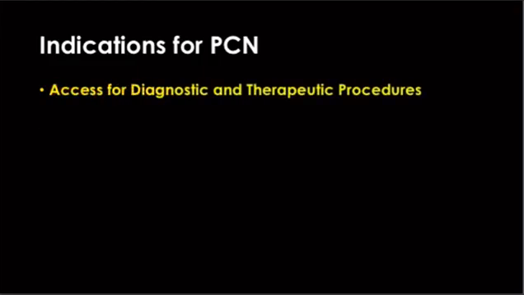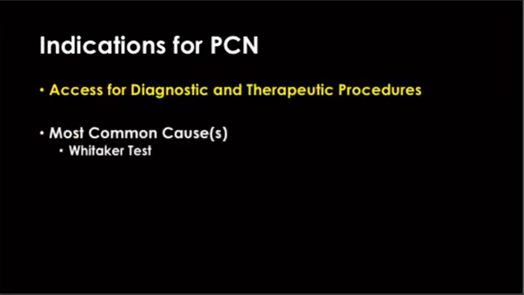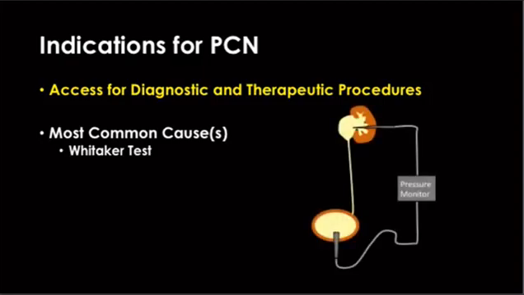And then for diagnostic and therapeutic procedures, the rare one, although may not be rare on multiple choice, is this entity called the Whitaker test. This is a situation where you've got a UPJ obstruction, like a kid with a congenital UPJ obstruction, or not, and you're trying to differentiate between, okay, this person looks like they've got hydro.